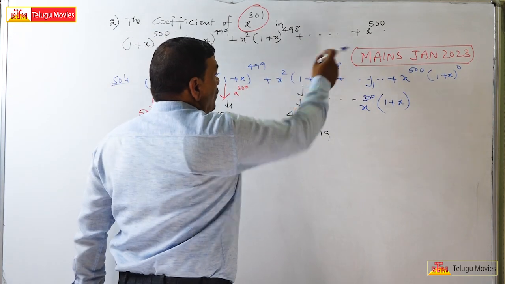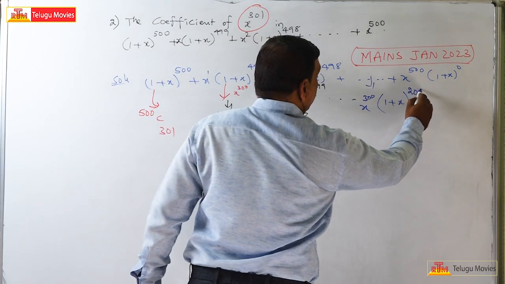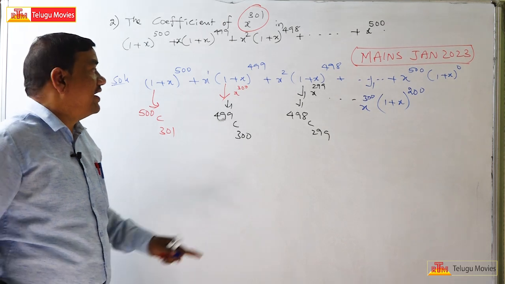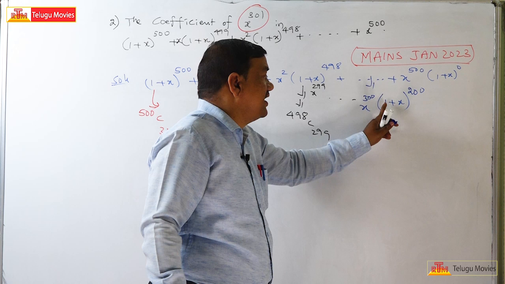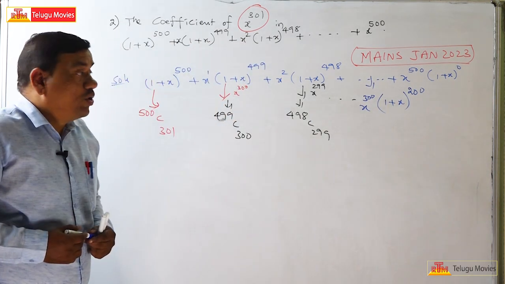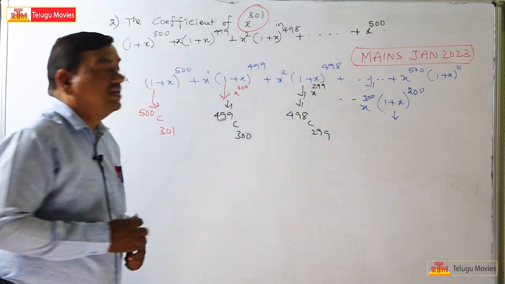So 2 plus 498 is equal to 500. See here, observe: 1 plus 499 is 500, 2 plus 498 is 500. So you should get x to the power of 300 into (1 + x) to the power of 200.